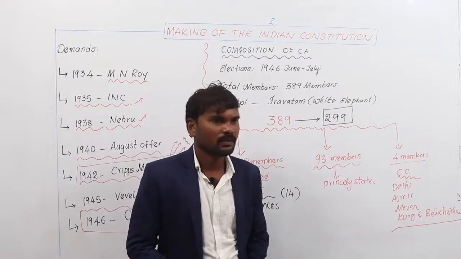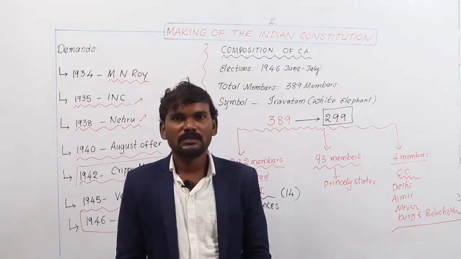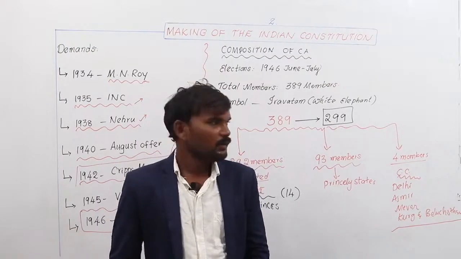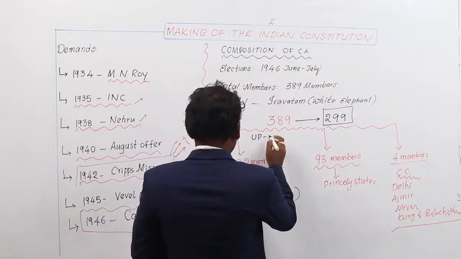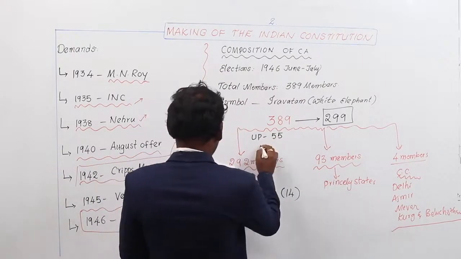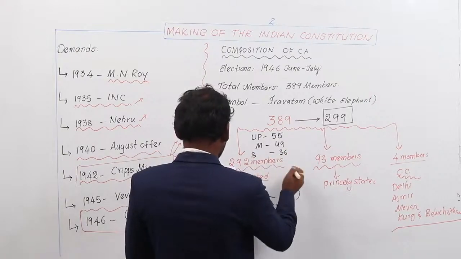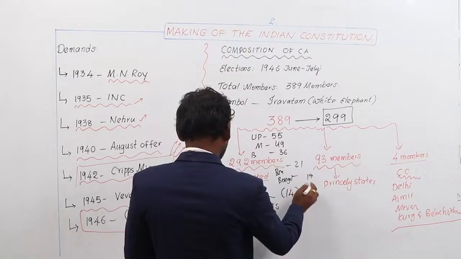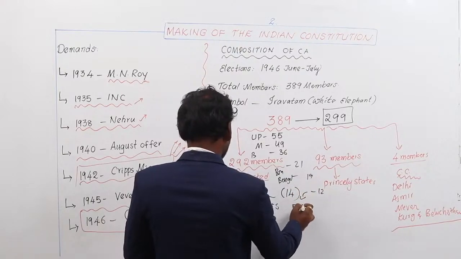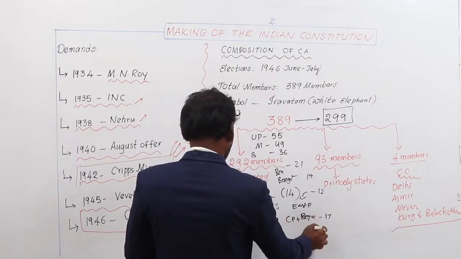Of these 299 members, big provinces like United Provinces, Madras and Bengal had a very large number of members. 55 members were elected from United Provinces, 49 from Madras, 36 from Bihar, 21 from Bombay, 19 from Bengal, 12 from East Punjab, 17 from Central Province and Berar, 9 from Orissa, and 8 from Assam.